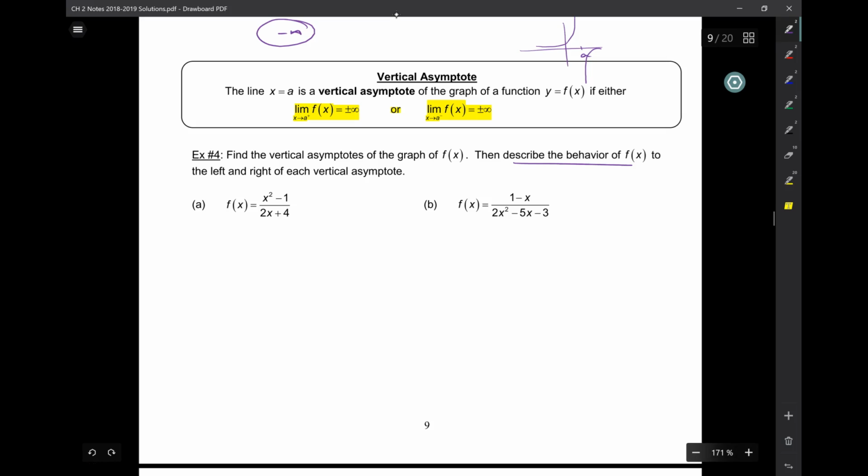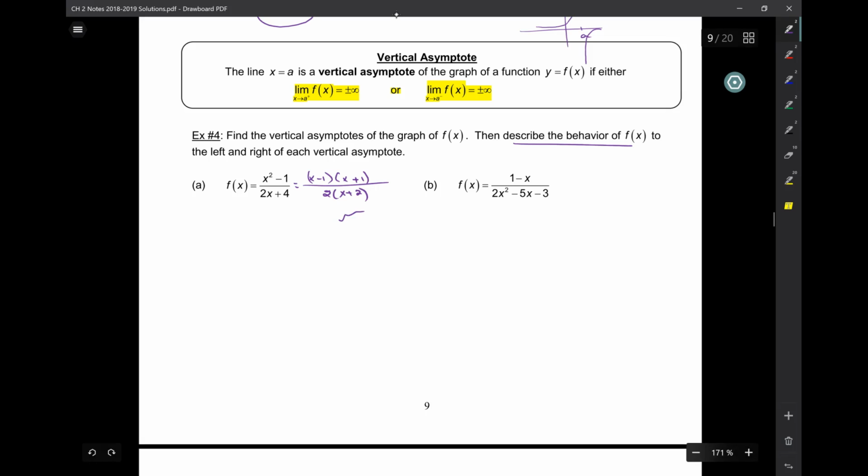All right, so here, if you factor, and you see that nothing cancels, whatever in the denominator does not cancel out, you take that, set it equal to 0, and at x equals -2, you have your vertical asymptote. It's the term in the denominator. Okay?